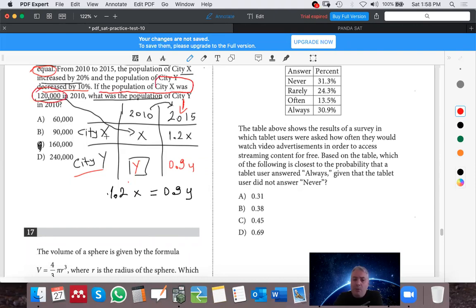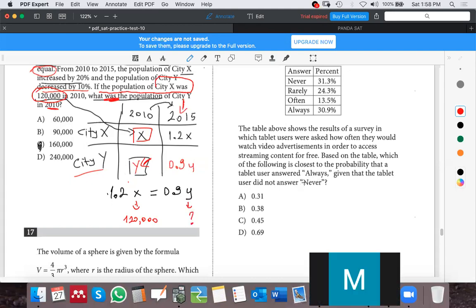So in my table, where is the population of city X in 2010? This is X. So it says that X is this number. I put it here. Okay. And then what was the population of city Y in 2010? 2010 population is Y. That means the question is, Y is the question mark. Is this okay or not?